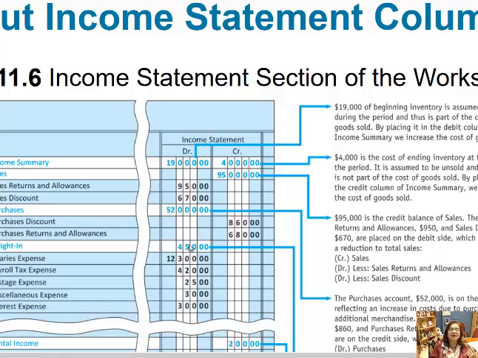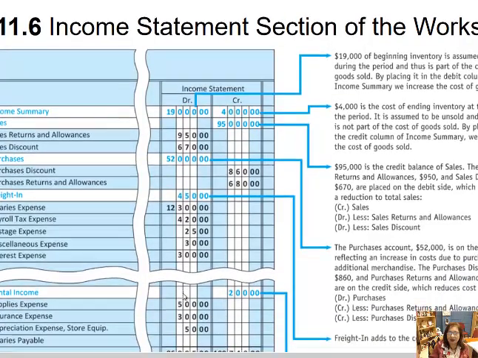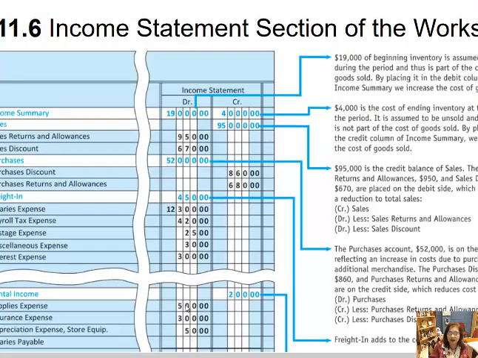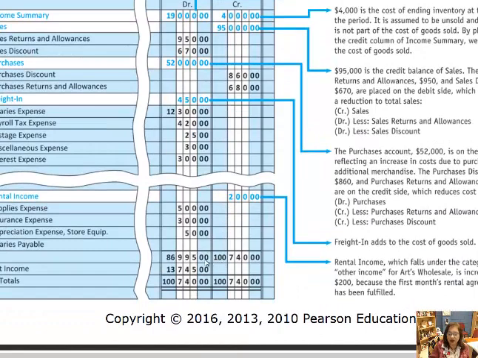And remember, because it's our money that we made plus the what? Well, minus all of the expenses. Then we come to the rental income, which we put in again because that is income, our supplies expense, insurance expense. So we're going to go ahead and again take everything that we've gotten, all the money, so that we can show what our net income is.